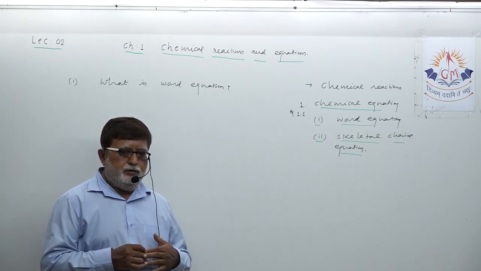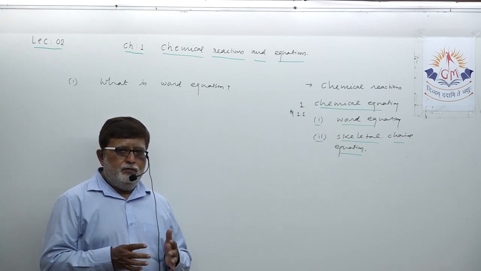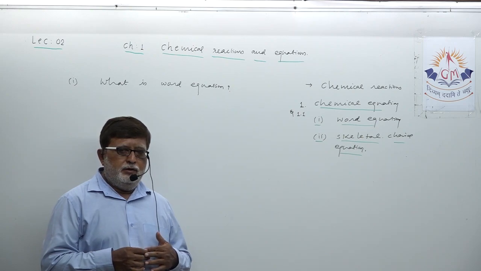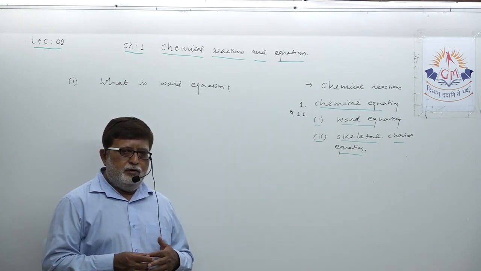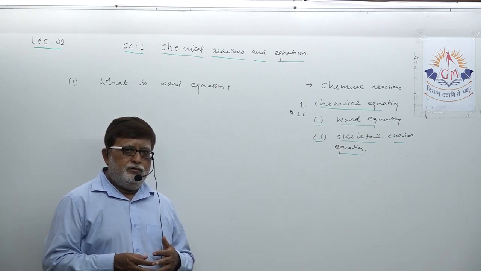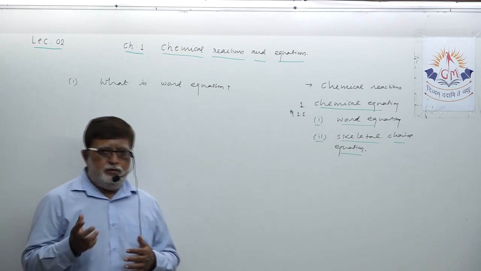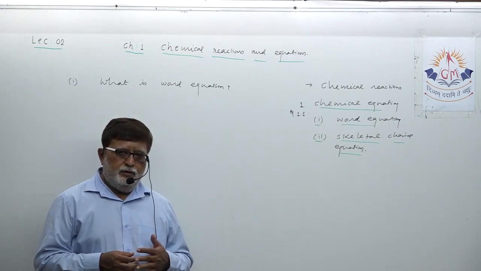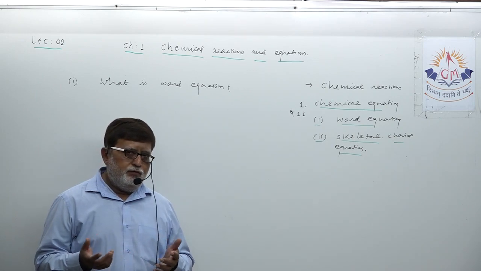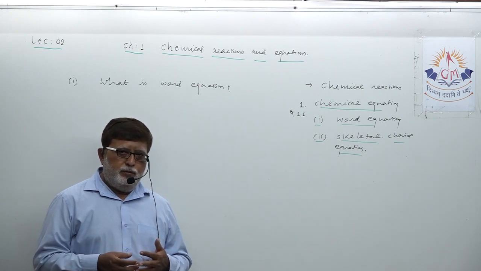If I want to explain it, I have to give an extended explanation, like: take magnesium ribbon and burn it in presence of air, and as a result magnesium oxide is formed. This is the way I can give the explanation.